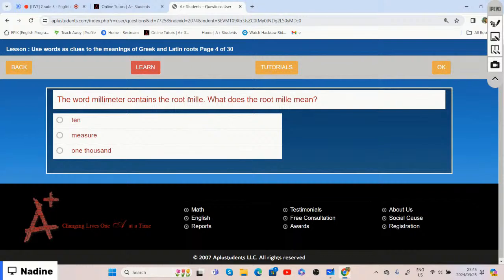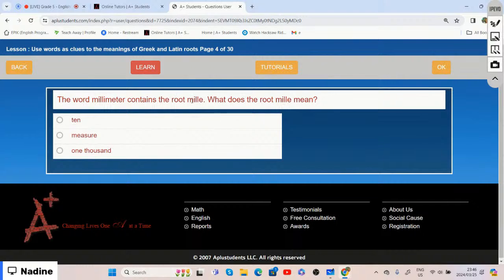But if you look at the root on its own, even if you look up the meaning of the root, then it is going to be with an E. That is only when we look at the root on its own.